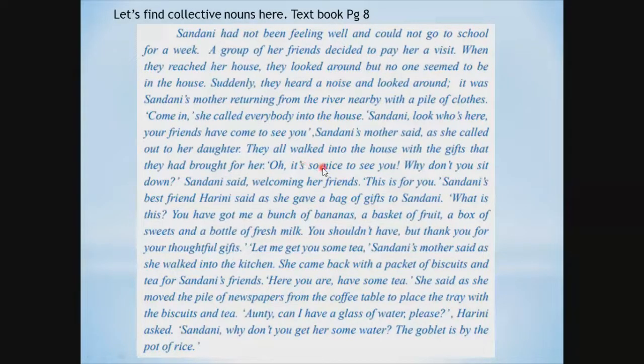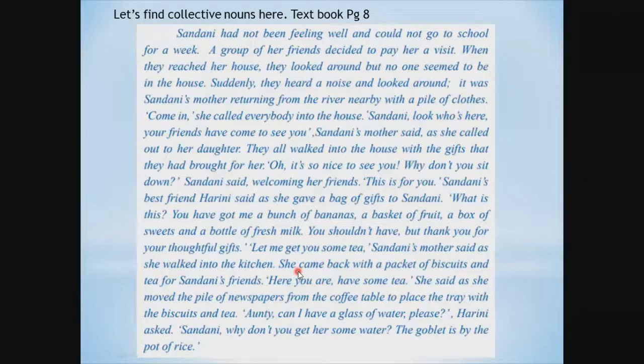Oh, it's nice to see you. Why don't you sit down? Sandani said, welcoming her friends. This is for you, Sandani's best friend Harini said as she gave a bag of gifts to Sandani. What is this? You have got me a bunch of bananas, a basket of fruit, a box of sweets, and a bottle of fresh milk. You shouldn't have, but thank you for your thoughtful gifts. Let me get you some tea. Sandani's mother said as she walked into the kitchen.